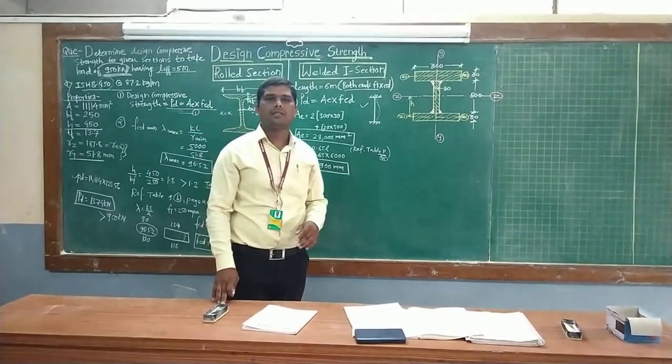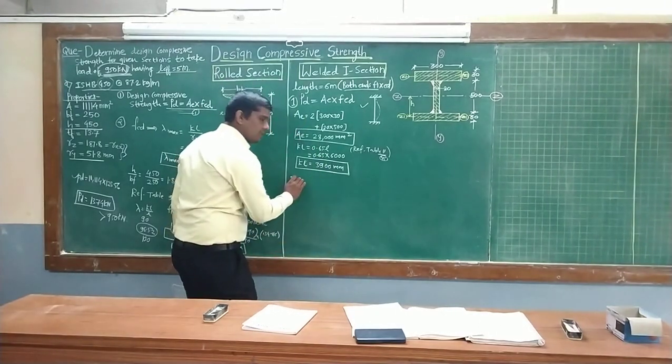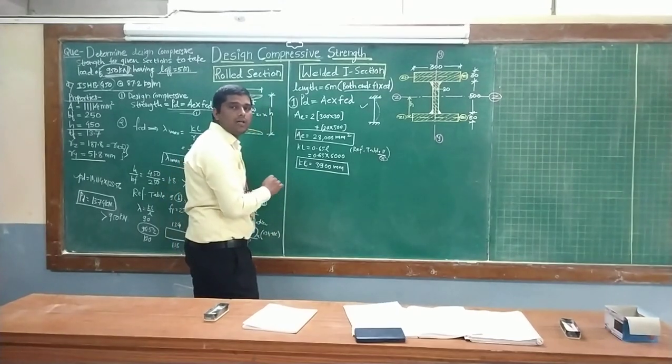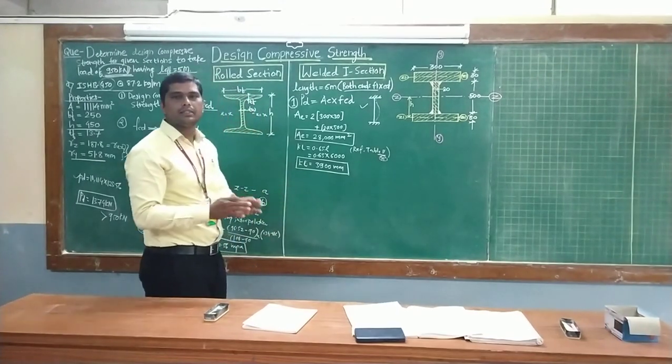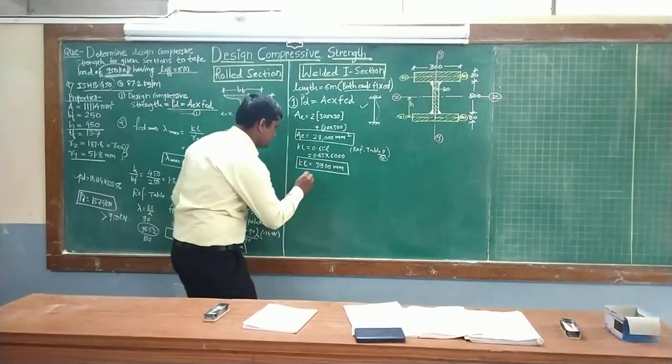Next is to determine the value of lambda. For that, we find r minimum, the minimum radius of gyration, about either the z axis or the y axis.